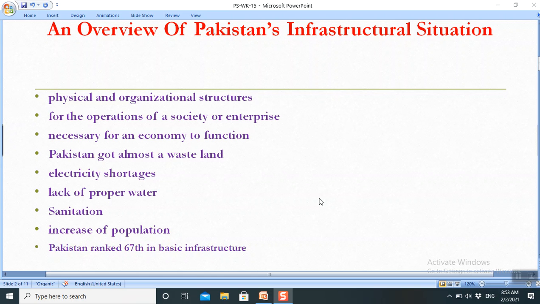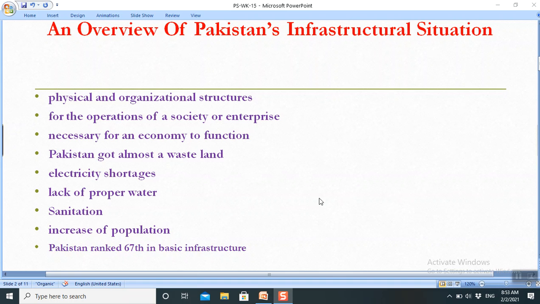Ayub Khan settled boundary disputes with India and China. In 1960, the water dispute with India was settled with the mediation of the World Bank, and Pakistan was given the right of water over three major rivers: Sindh, Chenab, and Jhelum.